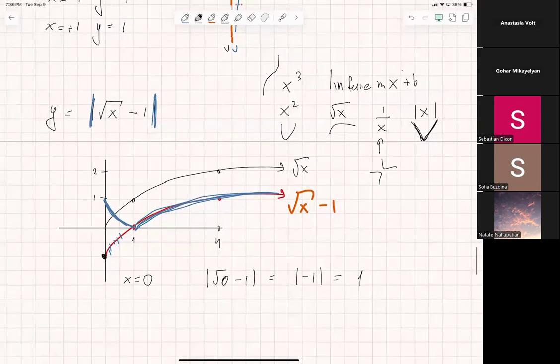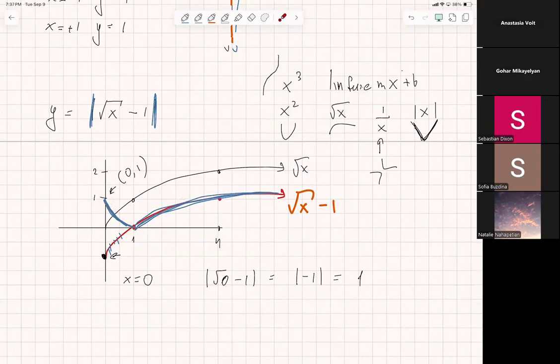So you will not have a point right here, you will have it here. So this is your 0, comma 1. And that goes for all of the values that were negative here. So your final graph is this one in blue.